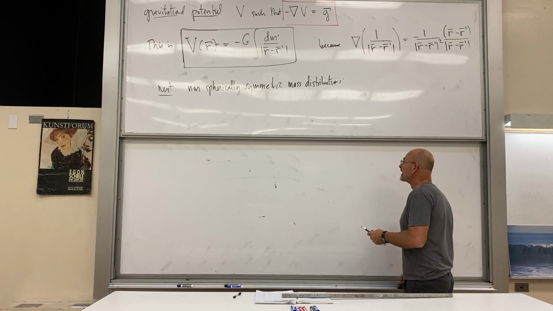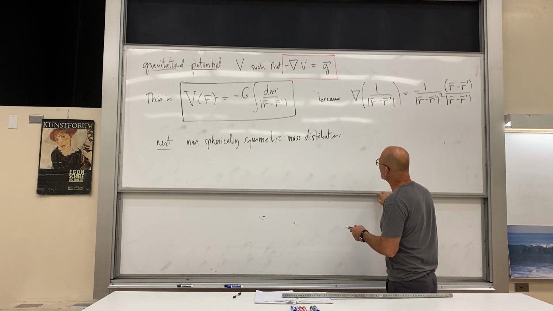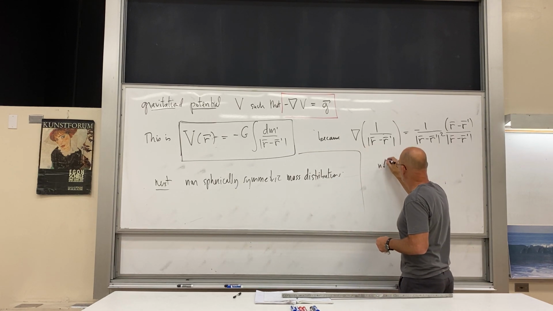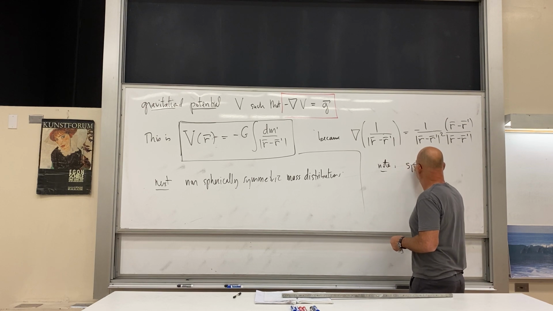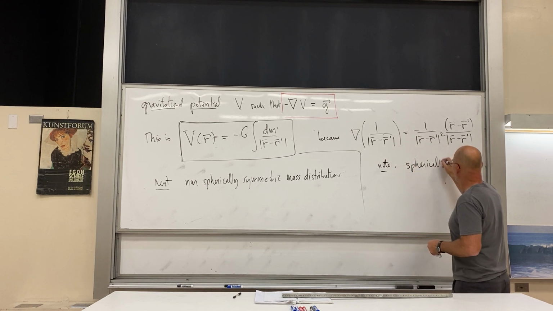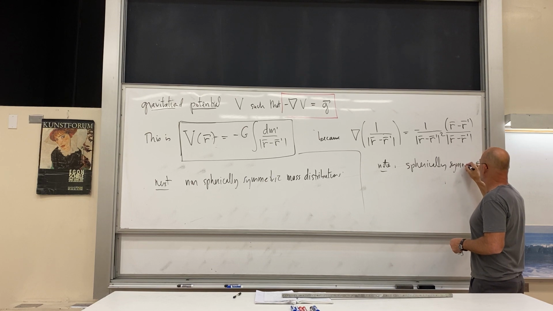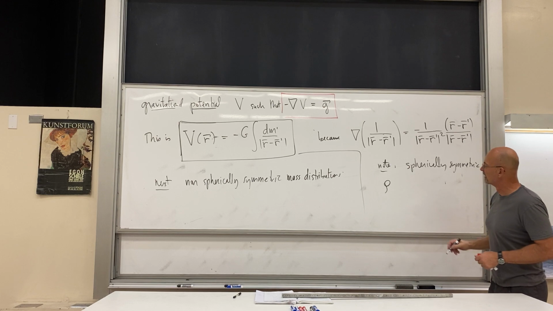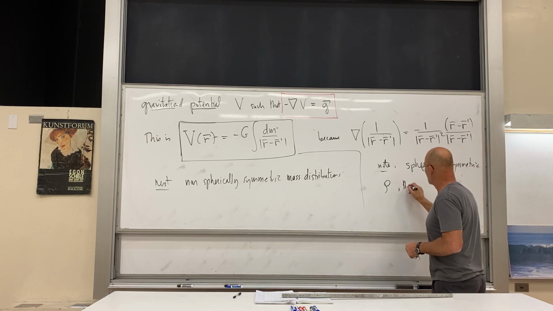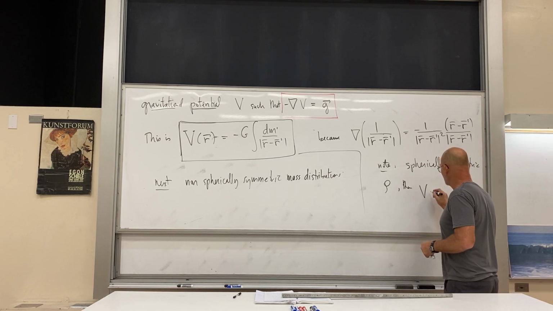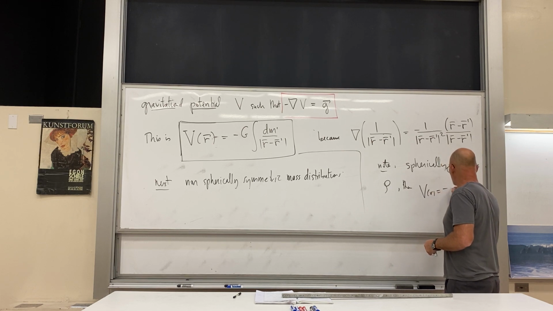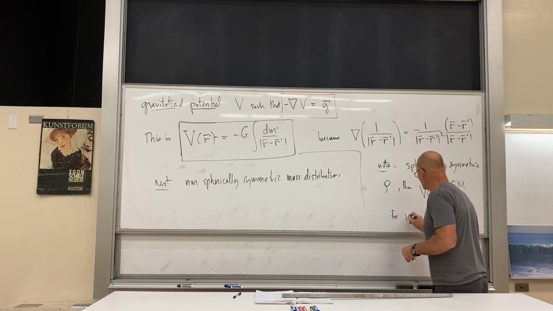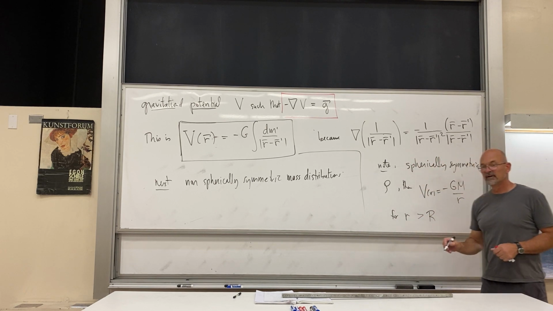Actually, let me put this as that note. I had just said it, I'm going to write it down. Under this topic here, spherically symmetric density, then V of R equals minus Gm over R for R greater than capital R. Okay.